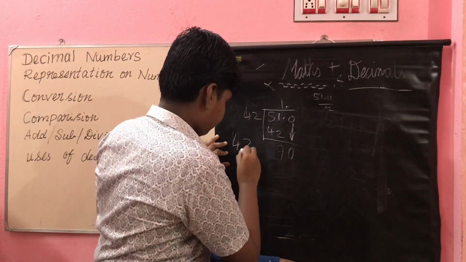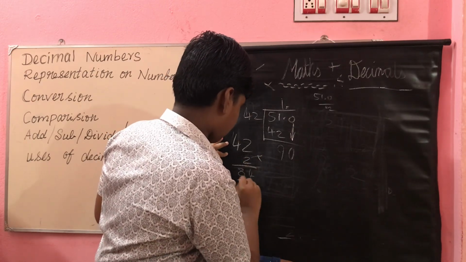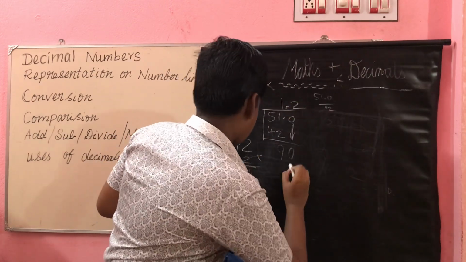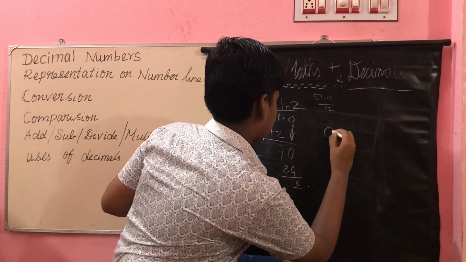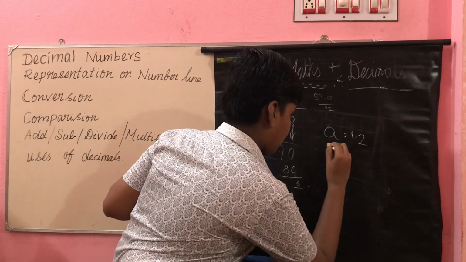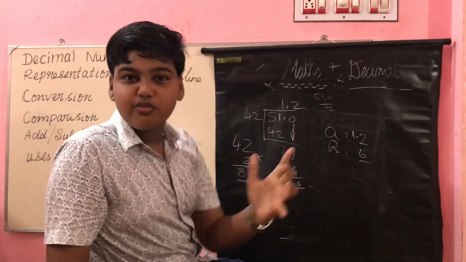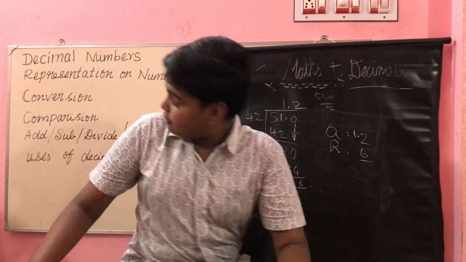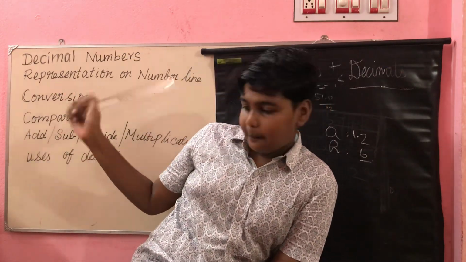So into 2. So 84, yeah, it's coming. By 84, 6 over. So the quotient is 1.2 and the remainder is 6. Understood, friends? So this is how we used to add, subtract, divide, and multiply.